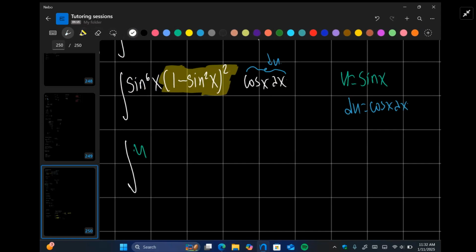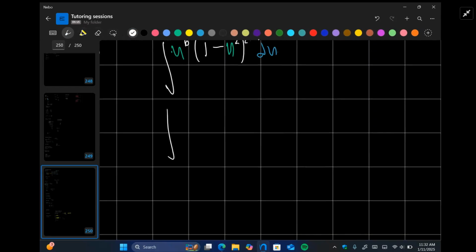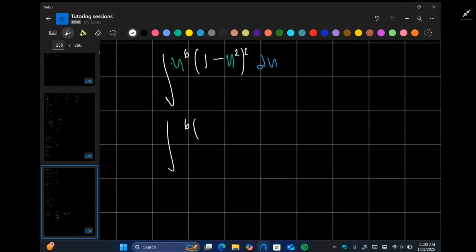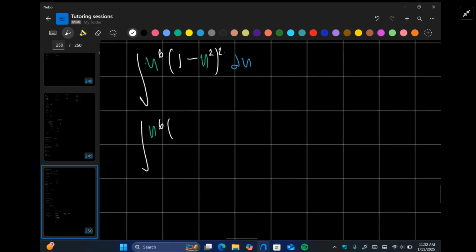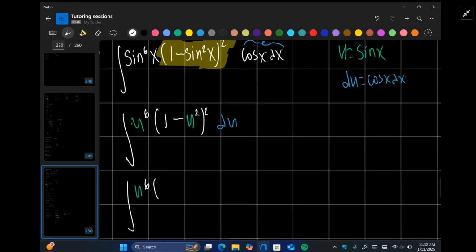So we have u to the 6 times 1 minus u squared and then all squared, and then du. So now here's the thing. We're going to have to simplify this. So we have the integral of u to the 6 times... And the reason I'm keeping the color code is to know at the very end that u is going to be sine x.